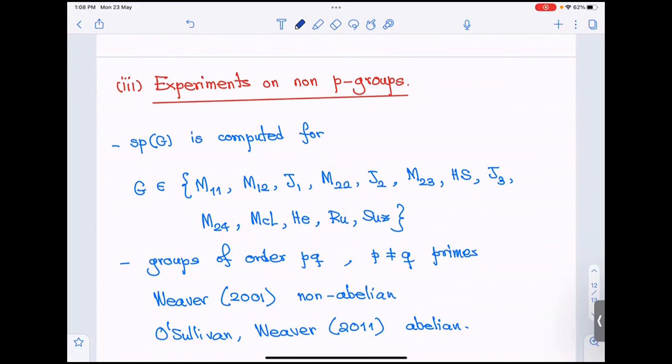So isoclinism, that's the standard technique. One of the parameters is isoclinism. So how about the spectrum problem and isoclinism?